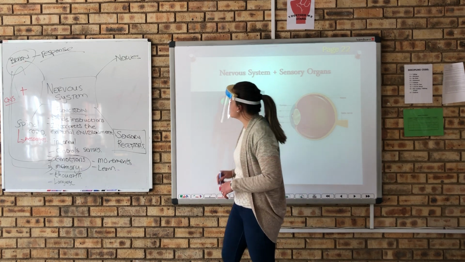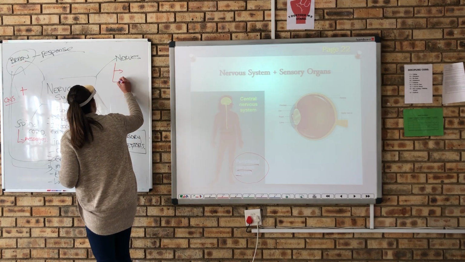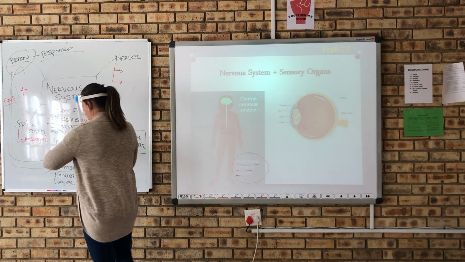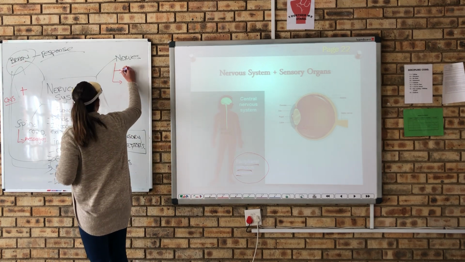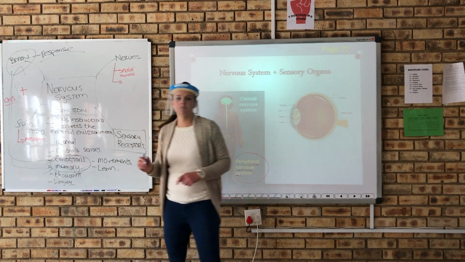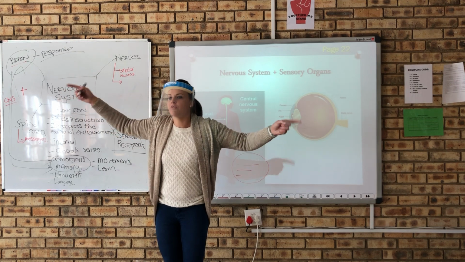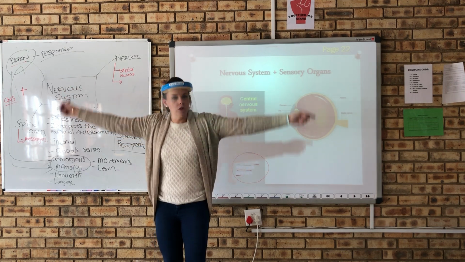Okay? We have various types of nerves. Let's just quickly talk about the two types of nerves that we have. So we have what we call motor neurons. Motor neurons are responsible for sending information to the muscle or the gland to perform a task. It gives you motor movement.